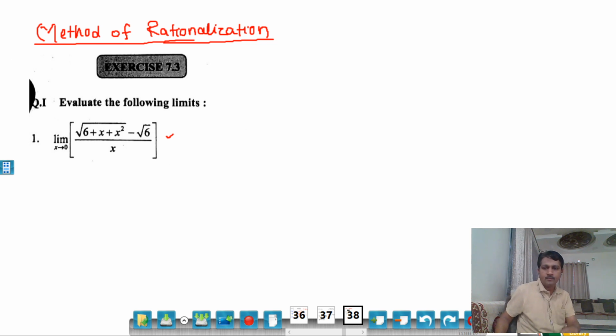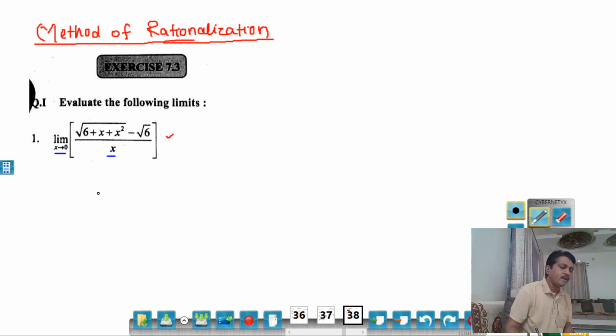Okay, let us see now the solutions to the examples. Very first step is to check whether the denominator becomes 0 or not. If I put x equals 0 directly in the denominator, it is becoming 0, and therefore I must go for simplification.